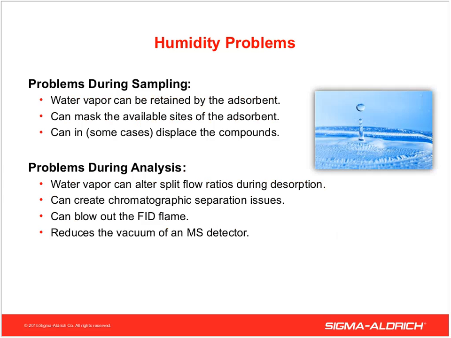Problems during analysis include that water vapor can alter split flow ratios during desorption, can create chromatographic separation issues, and can blow out the FID flame and reduce the vacuum of our MS detectors. We need to keep humidity in mind when sampling, since the quantity of the water vapor can often be in milligrams while the compounds of interest are at nanogram levels.